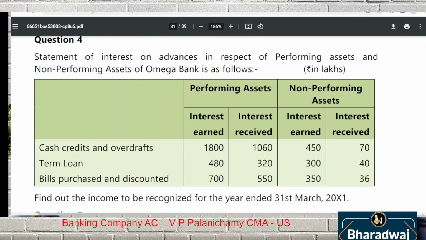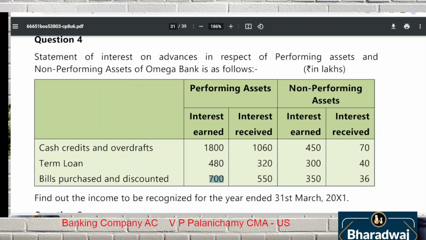They ask you to find out income to be recognized. Simple. For performing asset, you add interest earned. Performing asset: cash credit, term loans, bills purchased and discounted, you just take interest earned. For non-performing asset, you take interest received.